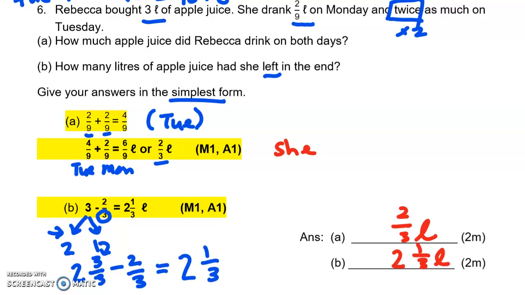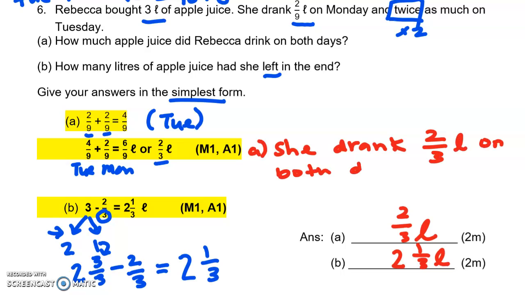For part A, she drank, just put it simply, 2/3 liters on both days. For part B, how many liters of apple juice she had left? She had 2 1/3 liters left.